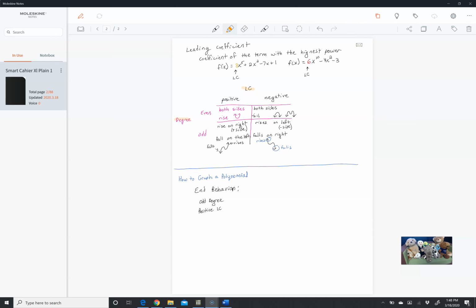Remember, I'm abbreviating leading coefficient as LC. What this means is, and you can see this above, that if it's odd degree and a positive leading coefficient, it means that each side does different things, and then it also means that it's going to rise on the right. So we're rising on the right, and we're falling on the left.